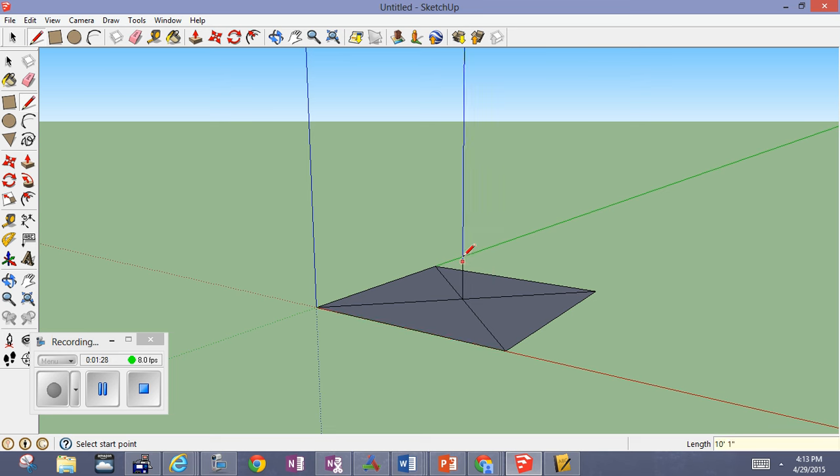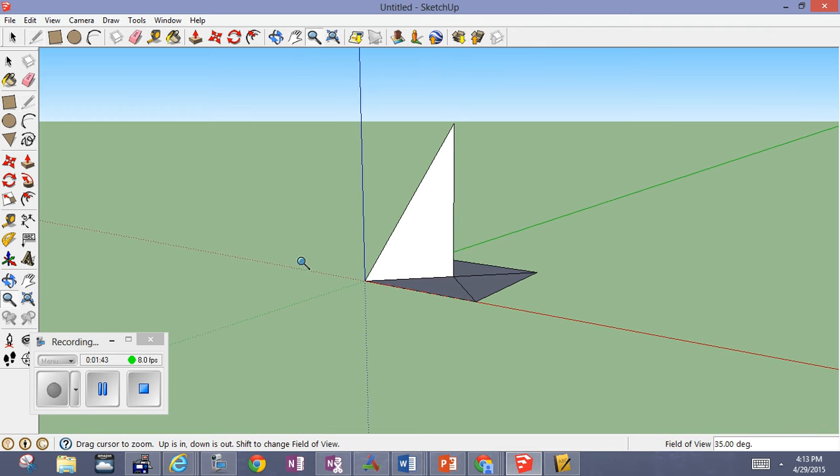Now, of course, that looks a little bit large, but what's happening is, from that point, I'm going to come down and hit each of my endpoints. So let's pull this out a little bit. I'm going to come back and delete what I just did. I pulled that up 12 feet.